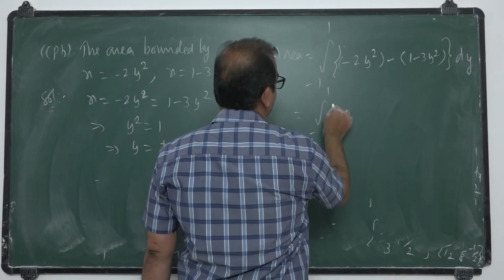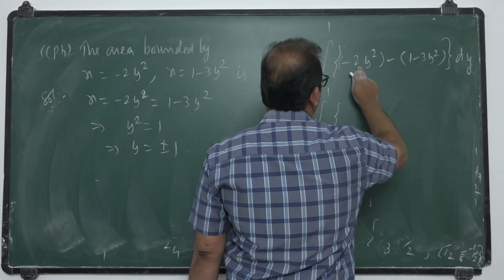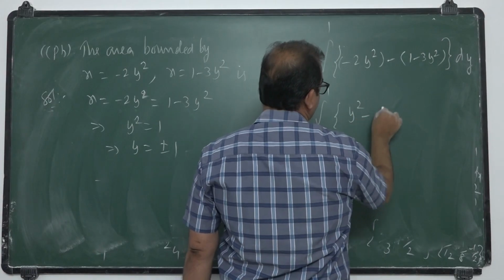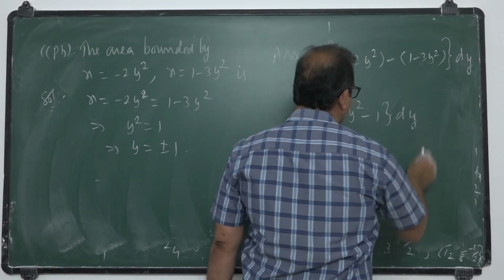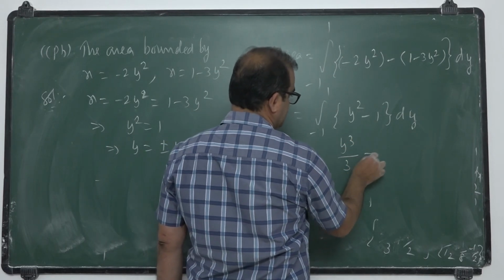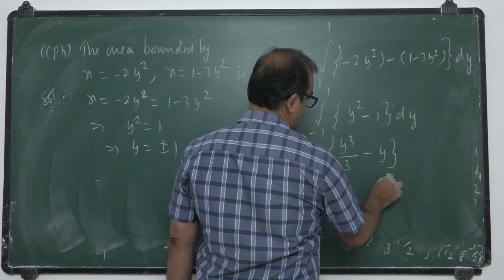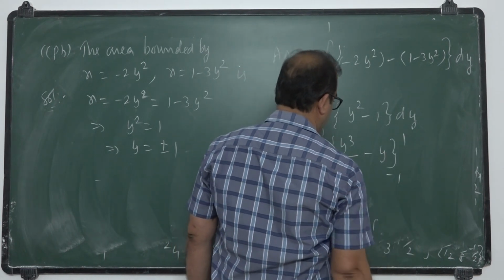Integral minus 1 to 1, minus in minus plus, 3y square minus 2y square, y square minus 1 into dy. Integral y square, y cube by 3, minus integral 1, y, from minus 1 to 1. Apply the limits.